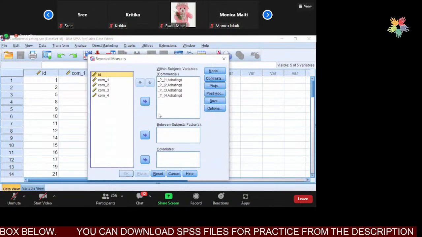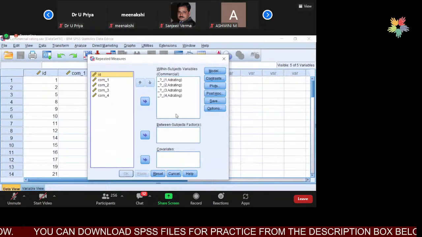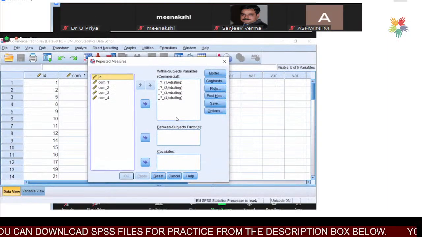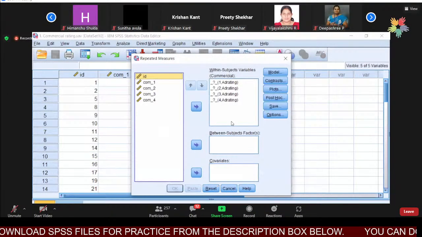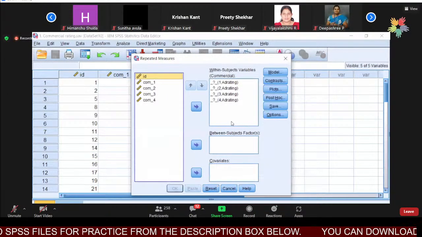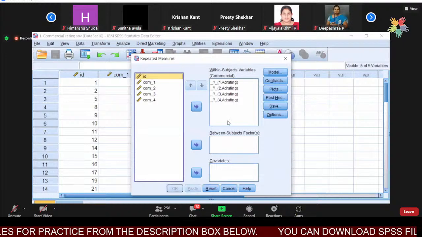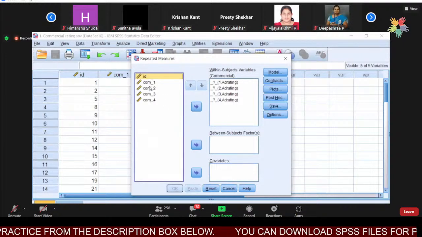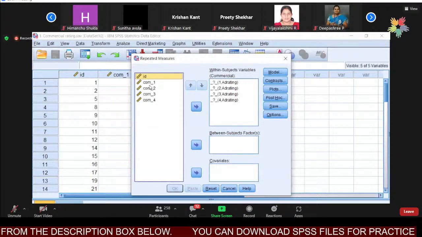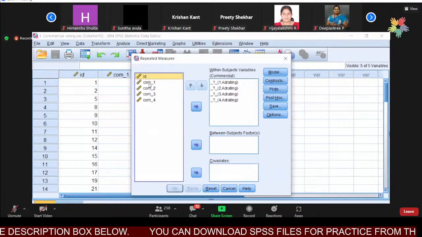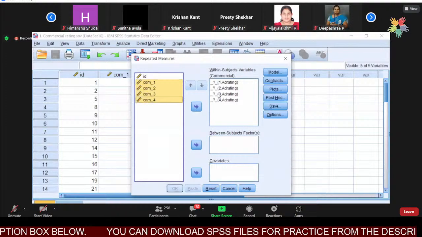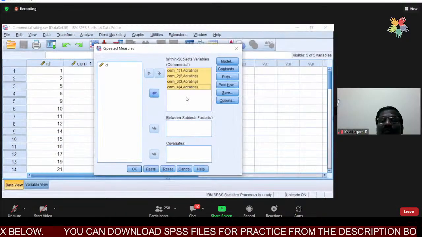Since we have typed add rating below, it is coming here. If you have not typed add rating below, then whatever you typed in the front, commercials, will come. So commercial one, and so on. Put all 4.